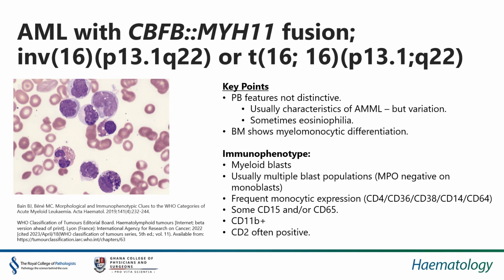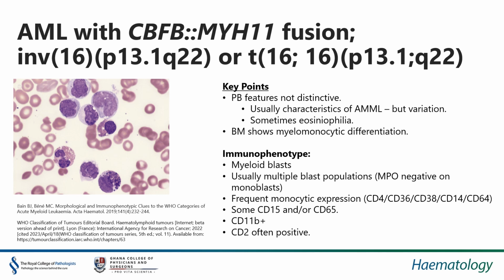So in cases of AML with CBFB-MYH11 fusion, we quite commonly see two aberrant blast populations being identified. So you can see these multiple blast populations. One will usually be a CD45 dim immature blast population that expresses CD34 and myeloid markers such as CD13, CD117 and myeloperoxidase.